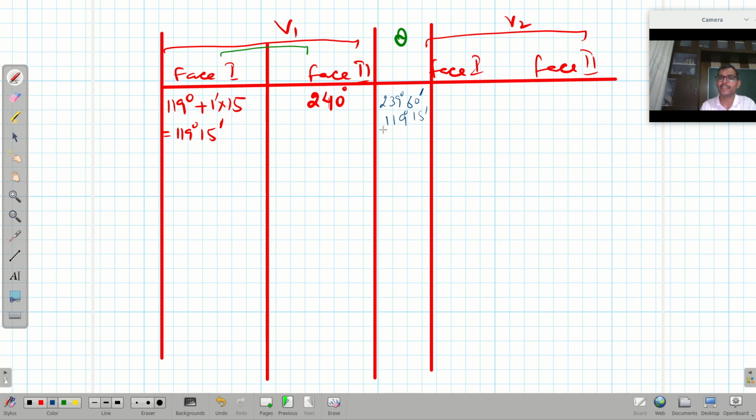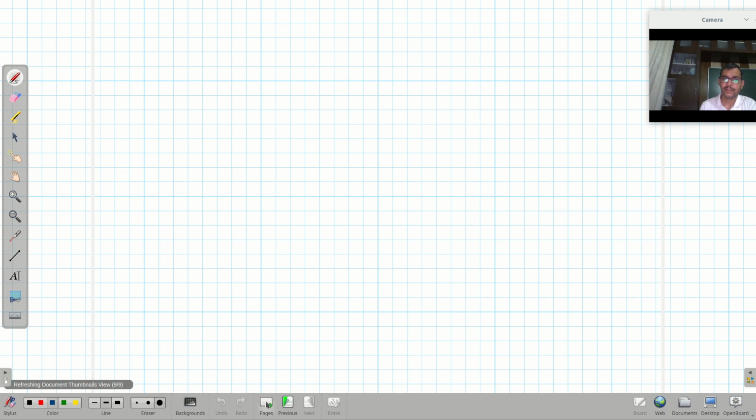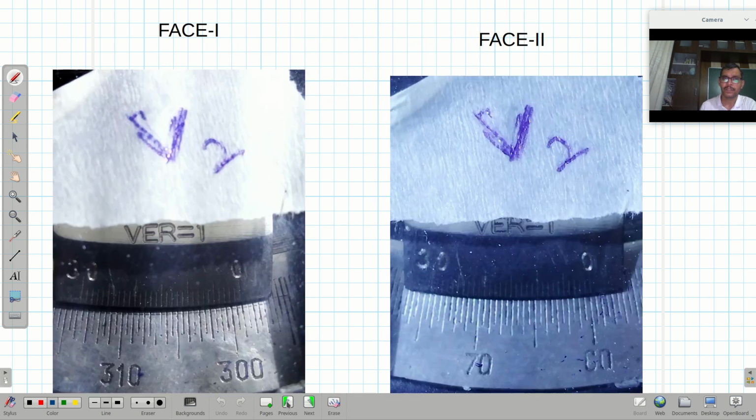Minutes can be subtracted from minutes, so here it is 45 minutes, and it is 120 degrees. So this is the difference of these two values, right? Let us go to the next part.